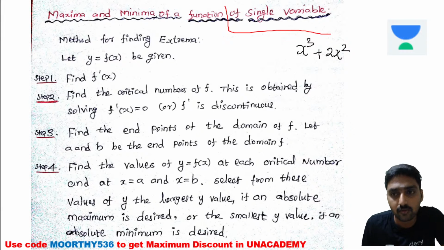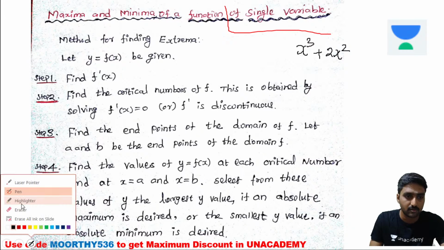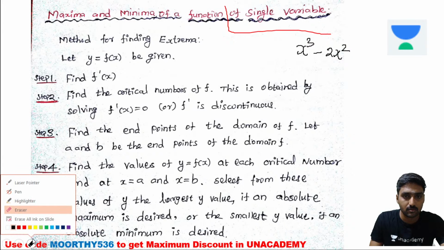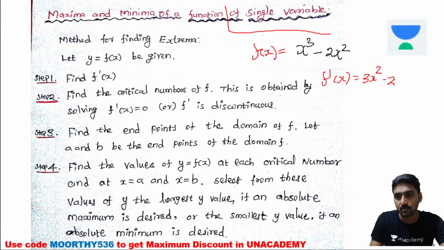Now step 1, the first derivative f dash of x is 3x square minus 4x, since 2 into 2 is 4x. That is step 1. Step 2 is next.